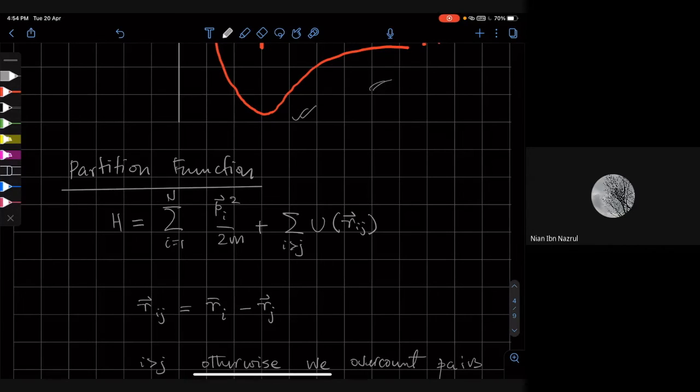Is that logical? Entropy doesn't change for a single particle. So 1 over T is 0 and T becomes infinite.